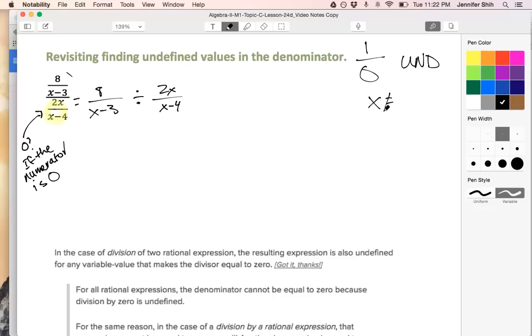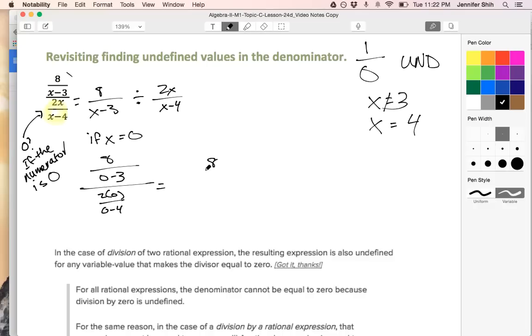X cannot equal 3. That's from this one. X cannot equal 4. That's from this one. And imagine if x was equal to 0. Let's just plug it in. We'd have 8 over 0 minus 3 over 2 times 0 over 0 minus 4.